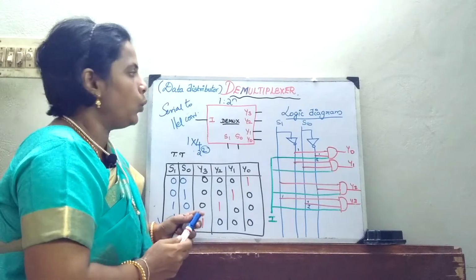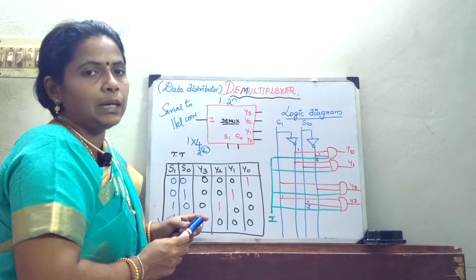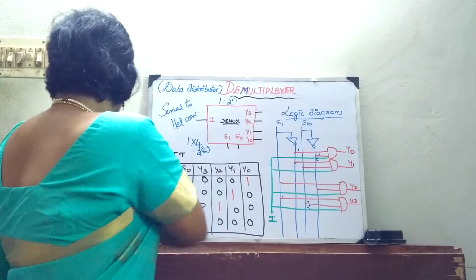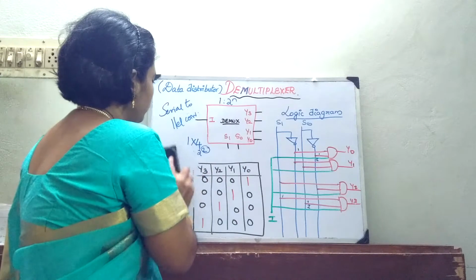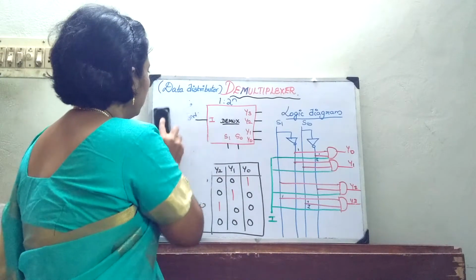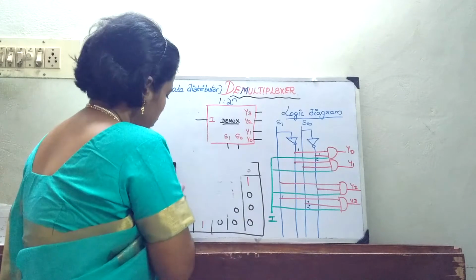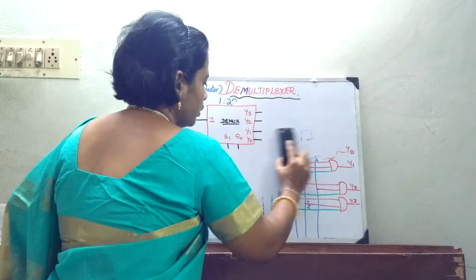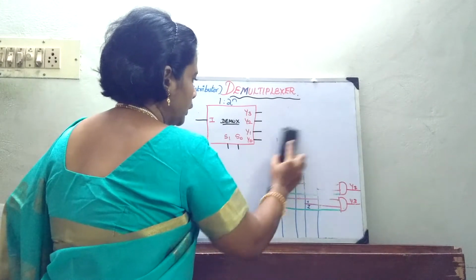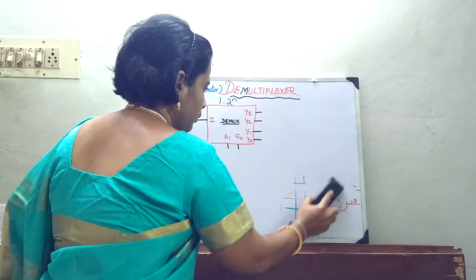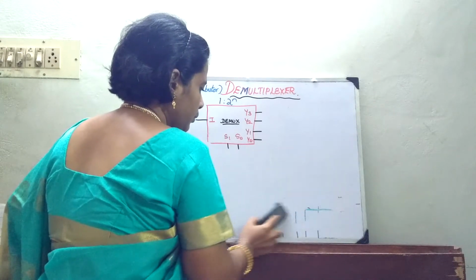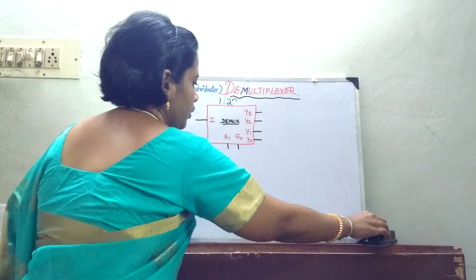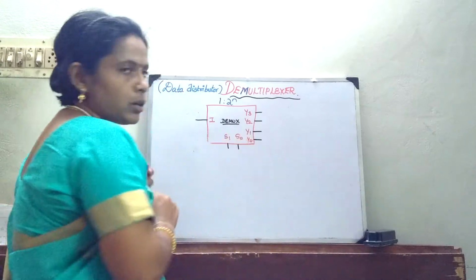Now we will see how to design a 1x8 demultiplexer using two 1x4 demultiplexers. Already I have one 1x4 demux.